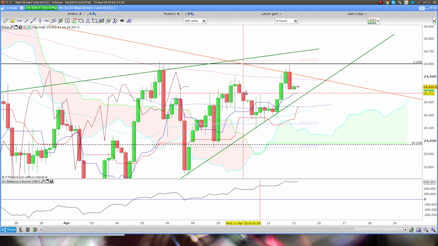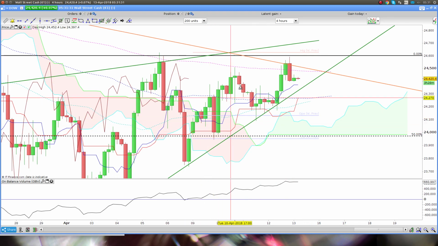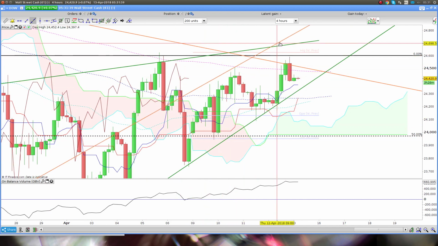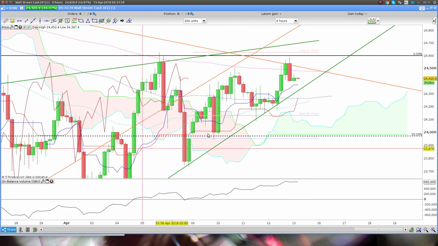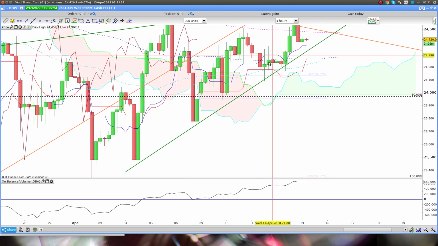What's interesting for me is that we are still creating higher lows and higher highs. If we add a line there, it's starting to get messy now, but you can see this green line and this orange line, we've got a channel running up.